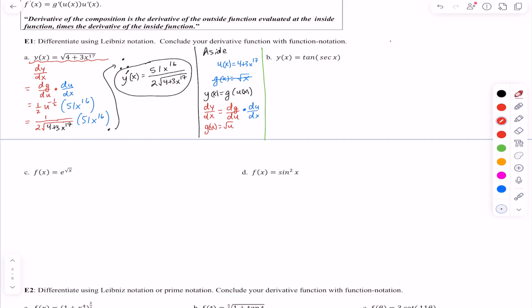Some of you might be able to spot the outside function first. You know, different people see different things. Notice you're now just going to substitute.